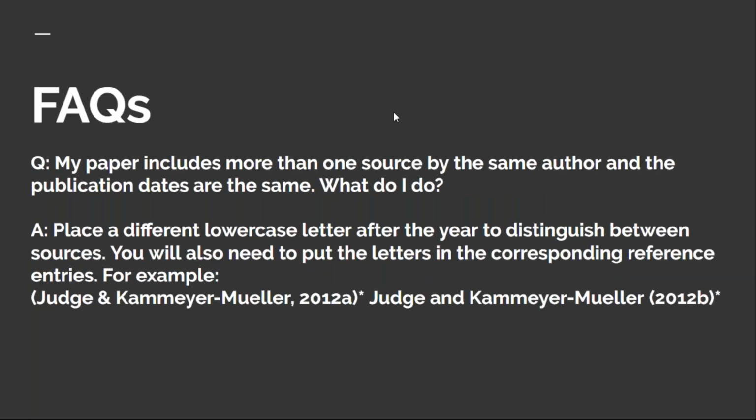And then finally, my paper includes more than one source by the same author, and the publication dates are the same. So we can't differentiate between publication dates, and we have the same author. So we are going to put a lowercase letter after the year to distinguish between the two sources. And then those will also appear on the references page the same way.